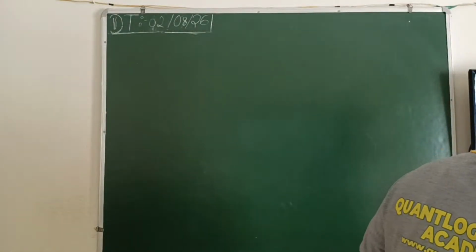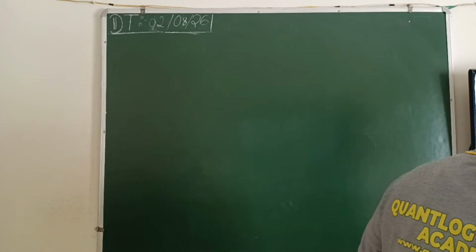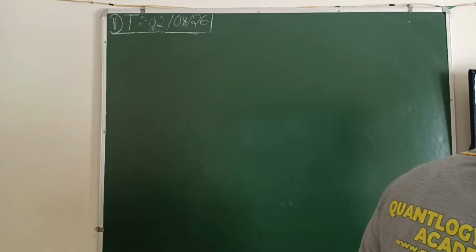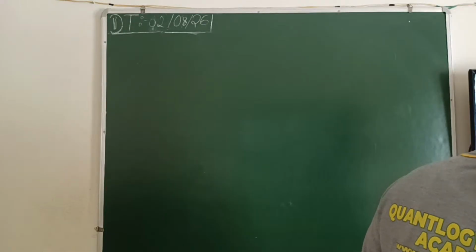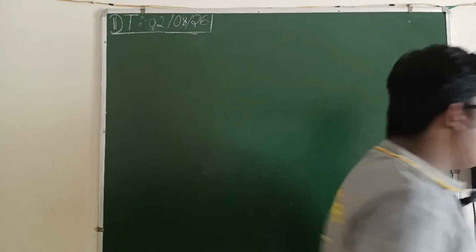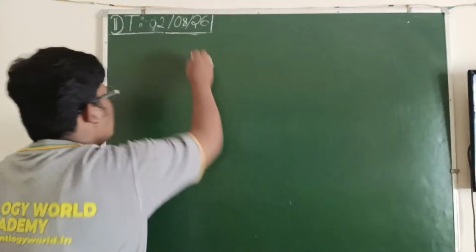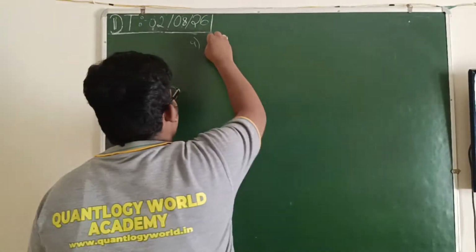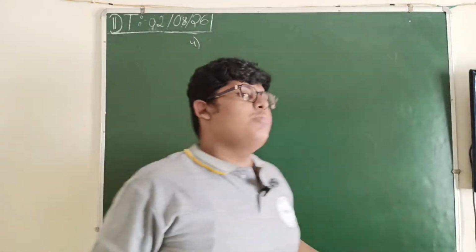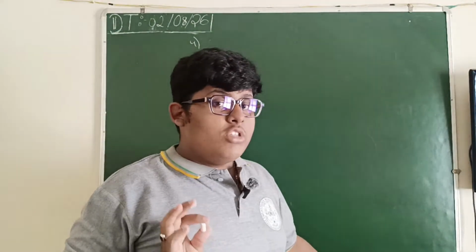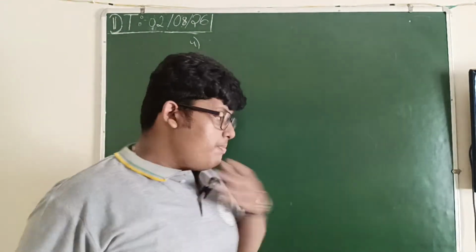Next is, write a program to input a number and check that it is negative, positive, or zero. Okay, program number 4. We will input a number and check that it is negative, positive, or zero. Here also we are using which type of operator? Relational operators.